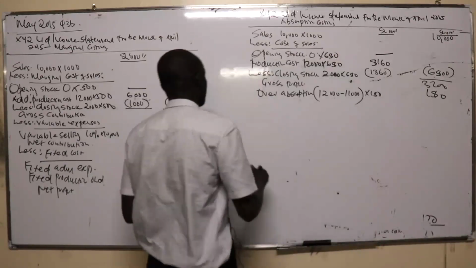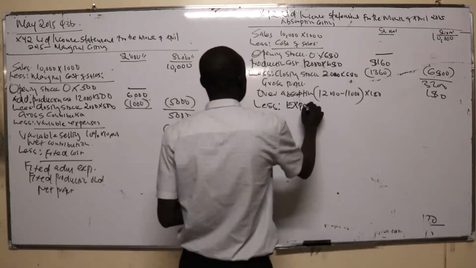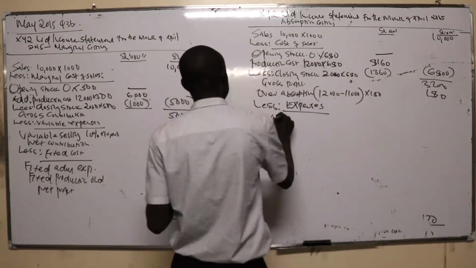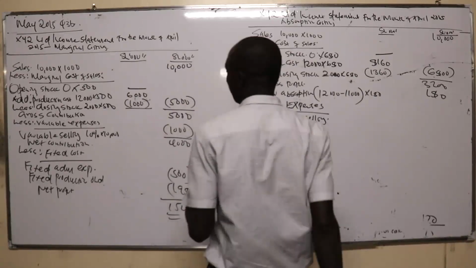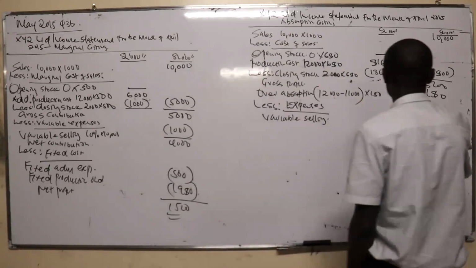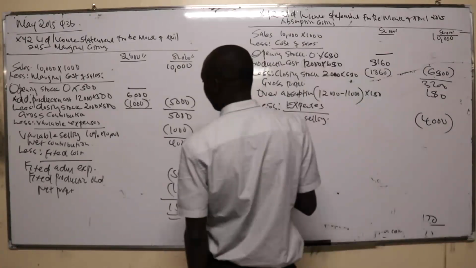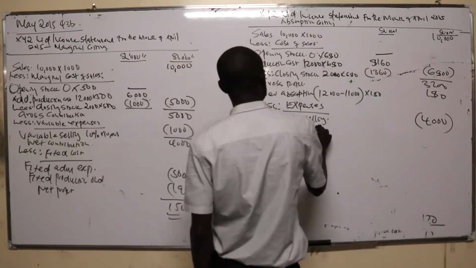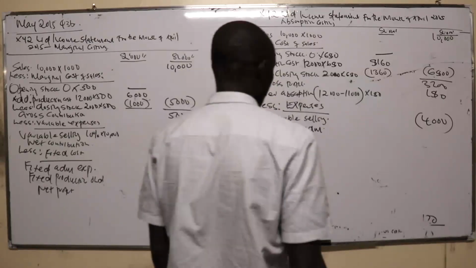Then here you less expenses. We have variable selling, which was 1,000. You less 1,000. And then you less fixed administration expenses, which was 500.